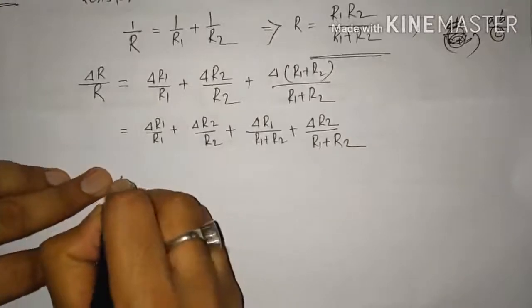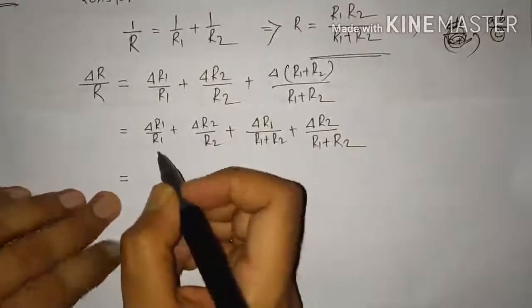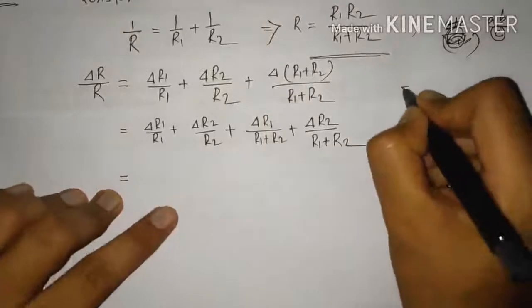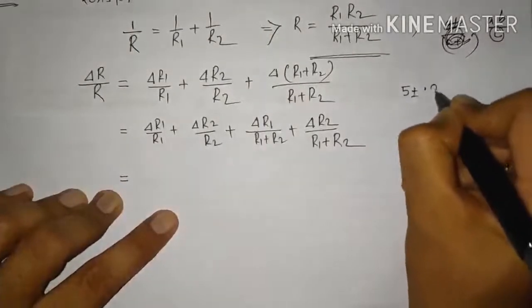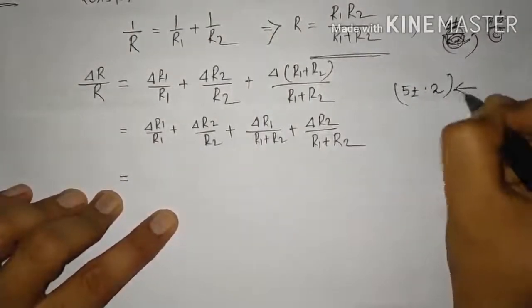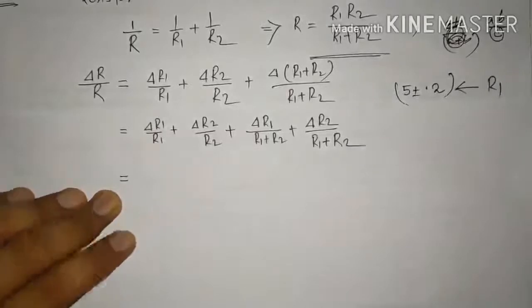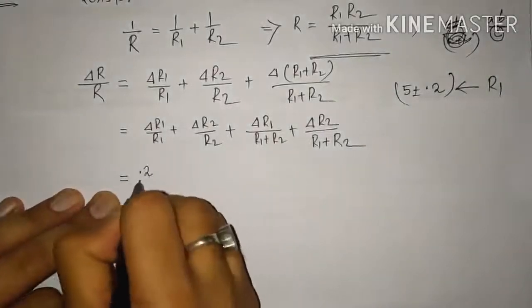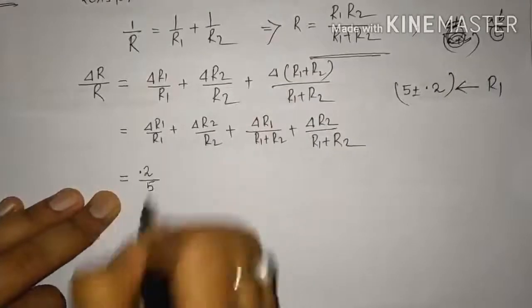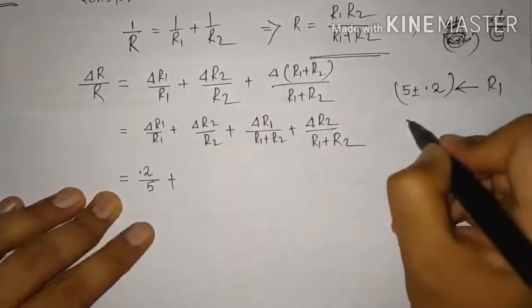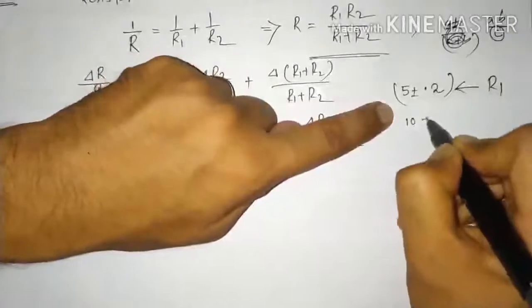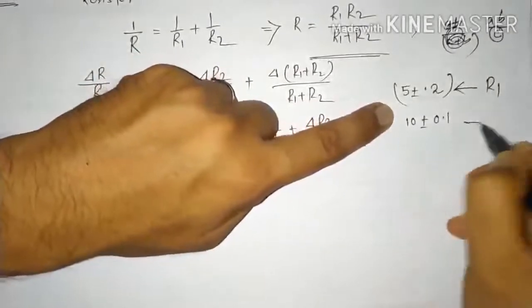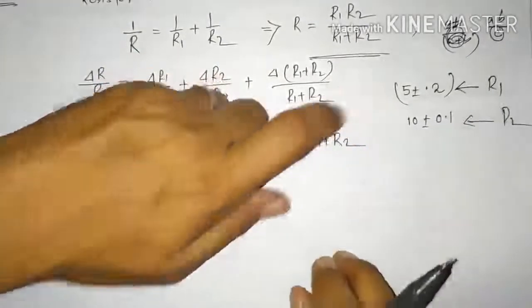So just straight away I am putting the values. Delta R1, it was given 5 plus minus 0.2. Let it be R1. So this is 0.2 divided by 5 plus, another resistance was given 10 plus minus 0.1. We are representing that one by R2.